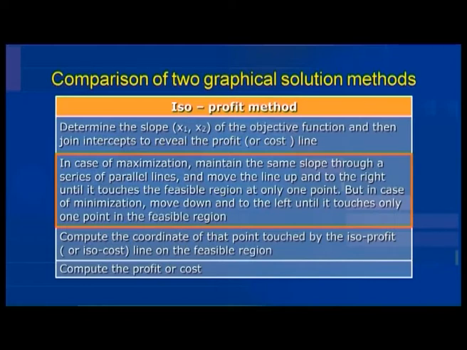But in case of minimization, move down and to the left until it touches only one point in the feasible region. Compute the coordinates of that point touched by the ISO profit or ISO cost line on the feasible region. Compute the profit or cost.